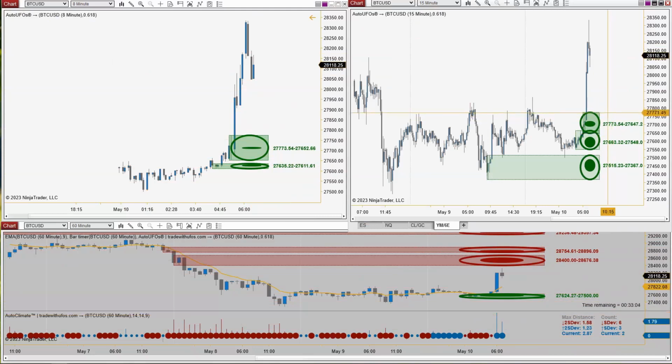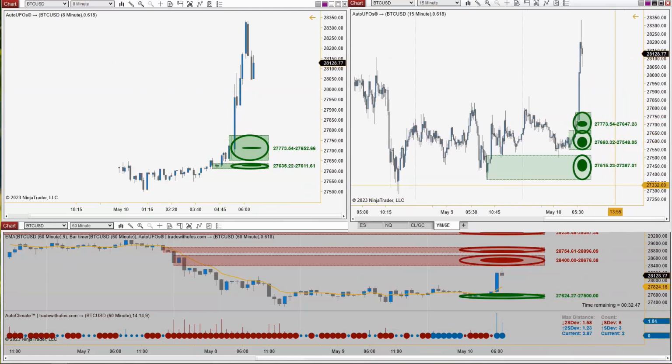So what we would do is right here on this 27, and you see the indication is given here, 27,773.54 is the top, and the bottom is at 27,647.23, because it's a little hidden there. That's the bottom. That's the top.